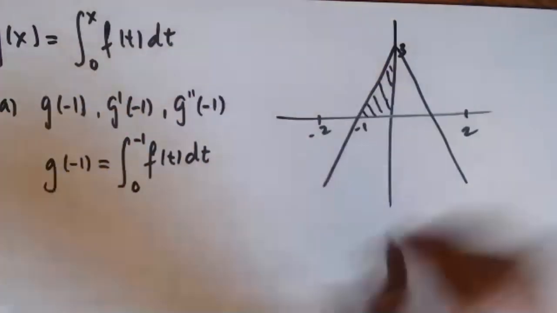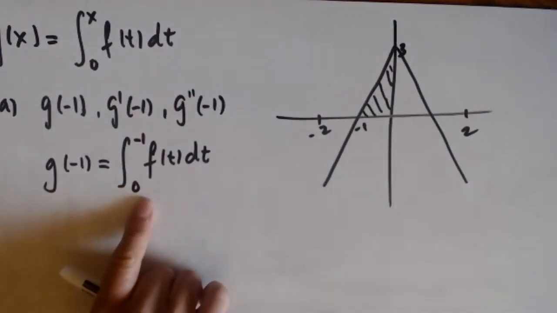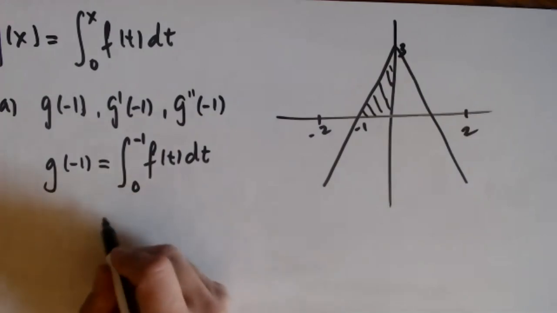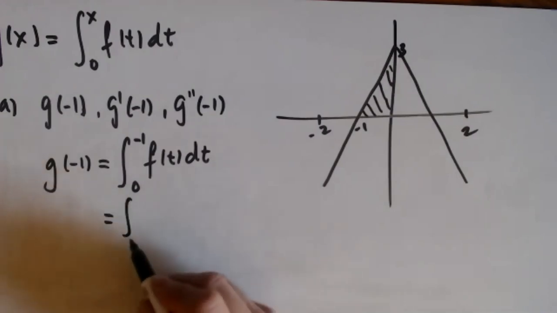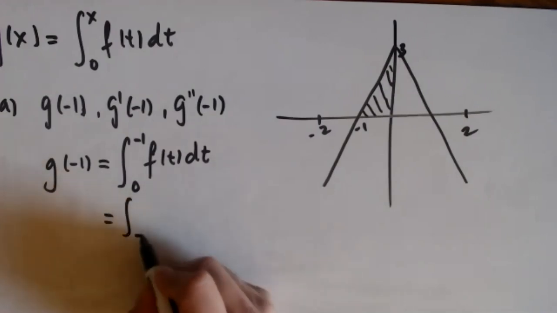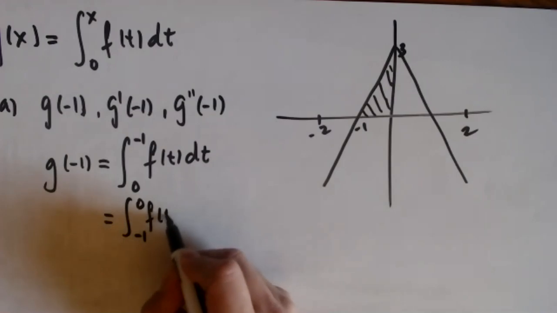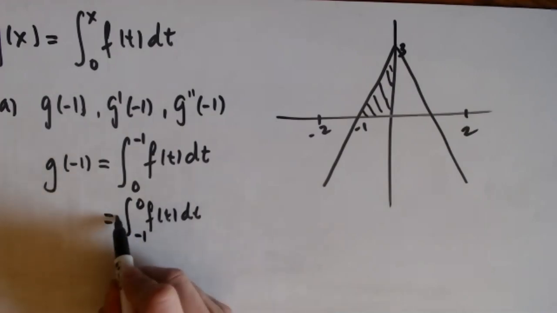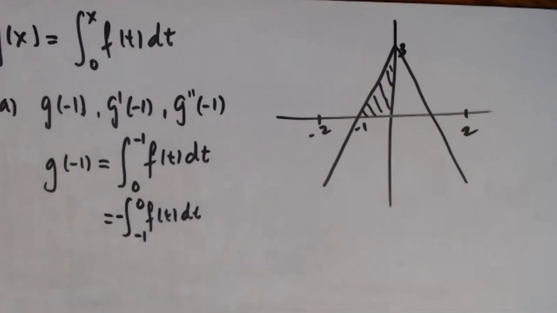But careful, what about these limits of integration, 0 to -1? What happened in this case? You turn it to a negative? Correct. These are upside down, so you have to put the integral from -1 to 0 of f(t) dt. That's the correct display of the limits of integration. But when you flip the limits of integration, you have to put a negative in front of the integral, correct?